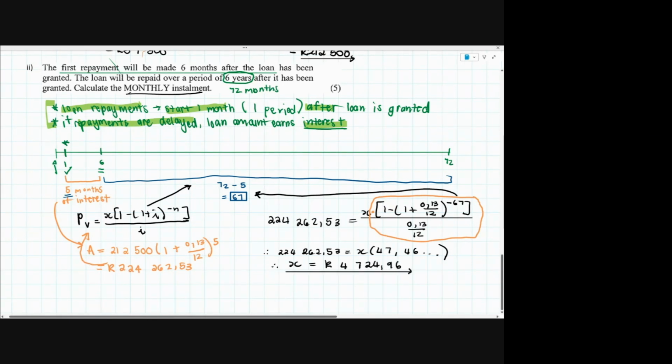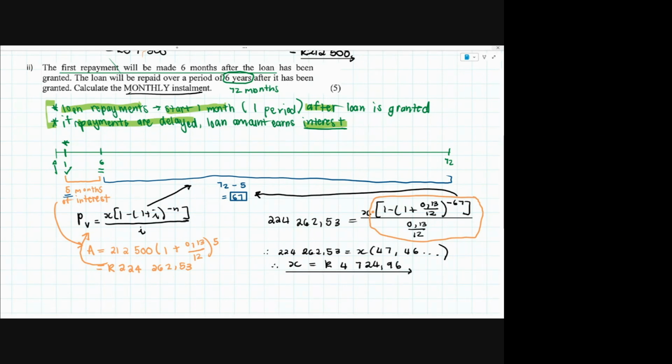Okay, so remember that x value should definitely always be a smaller value than your p value because it's your monthly repayments. And what we have done is we have taken into account all the interest that must be added to that loan, as well as the fact that the first 5 months were missed in terms of repayments. And so this is giving me my monthly repayment. Can anyone tell me what would happen to this amount?